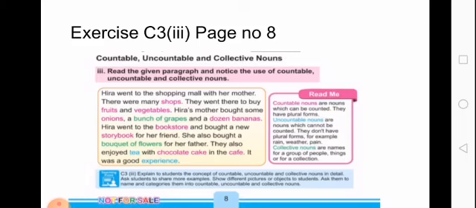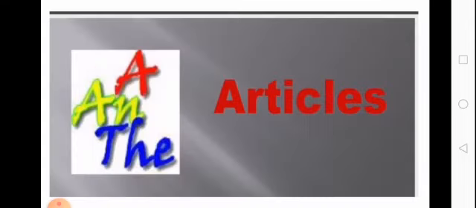Tea is an uncountable noun. With chocolate cake is an uncountable noun. Now if we count the chocolate cakes, now it is a countable noun. In the cafe is a countable noun. It was a good experience. Experience is an uncountable noun. Good. Clear?